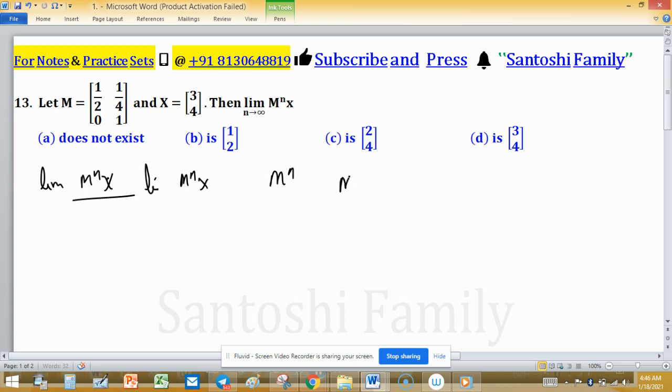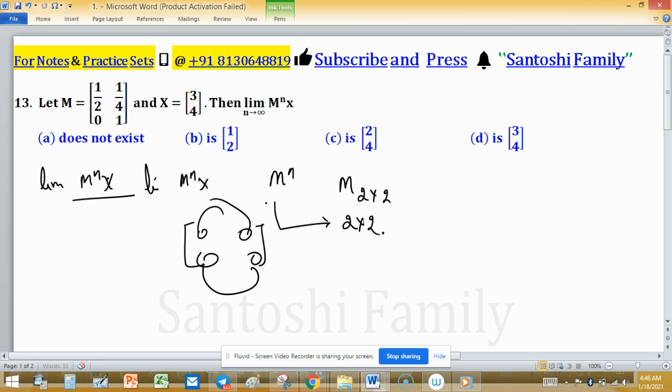Because matrix M is of size 2 by 2, all integral powers of M will be 2 by 2 matrices. Apply the limit concept on the elements of these. Here these are elements of the matrix integral power of M. So apply limits on these and take the product with column vector 3, 4, and you will get the answer of this problem.